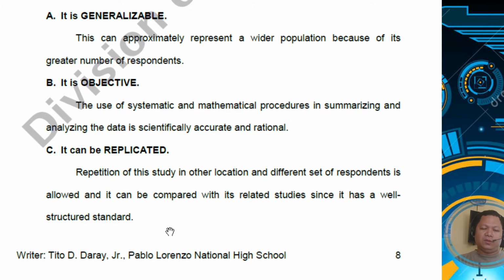Example, if I'm going to conduct a study here in MAA about the most favorite social media sites used by the students, I can conduct it in other schools like Santa Ana and City High, so I can copy that as well. So that is one of the strengths of quantitative research. It has sort of a pattern already.